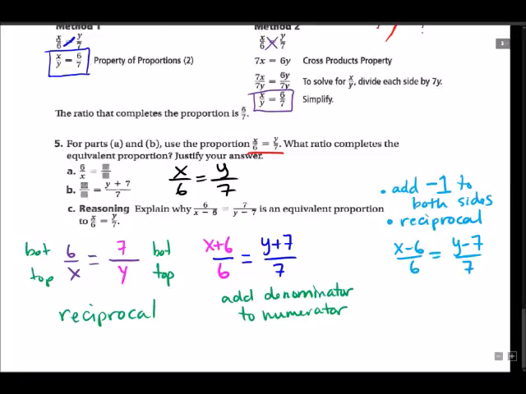I'm just subtracting 1 on both sides. That is a perfectly legal move, right? This is just minus 1, minus 6 over 6, minus 7 over 7. I'm subtracting 1 from both sides, and then I'm using the other property, the reciprocal property, that says I can put the bottom on the top and the top on the bottom, as long as I do it to both sides. So that's how we end up with this right here.